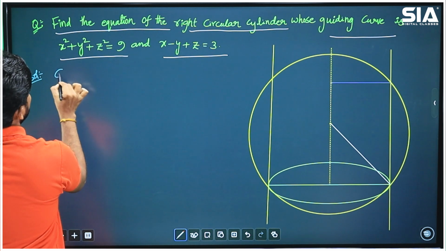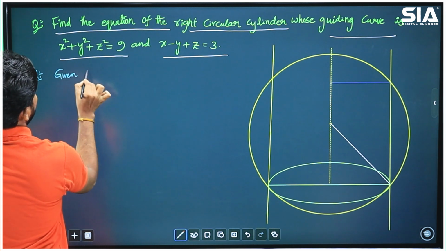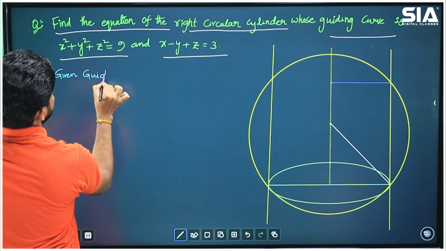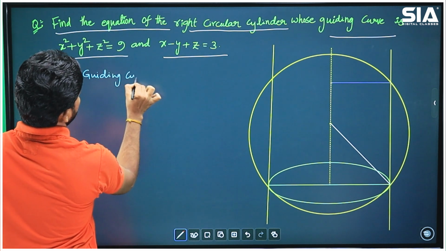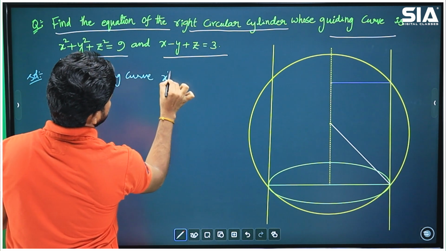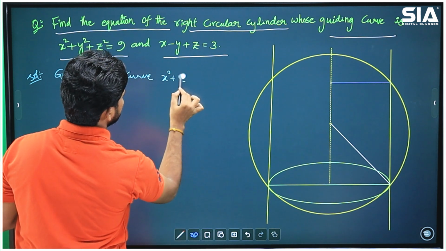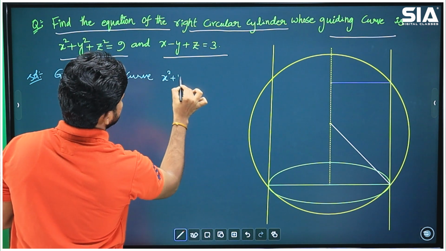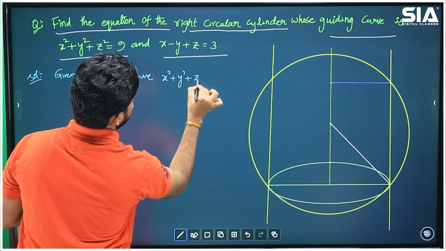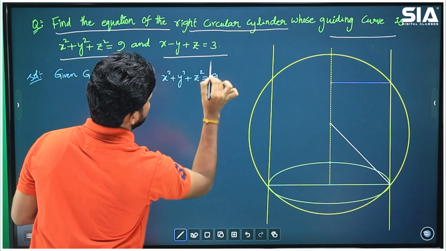Okay, so given guiding curve, x square plus y square plus z square is equal to 9.